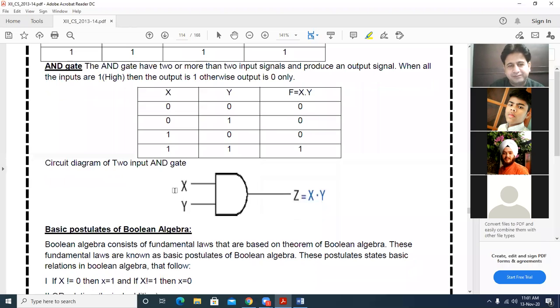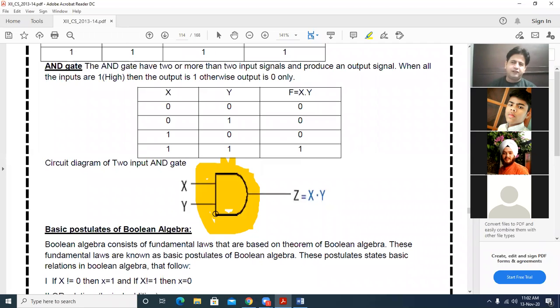And gate. And gate is represented by this symbol. Look at here, this symbol. So this is and. And is always, if all are 1, overall result will be 1. Otherwise, overall result is false.